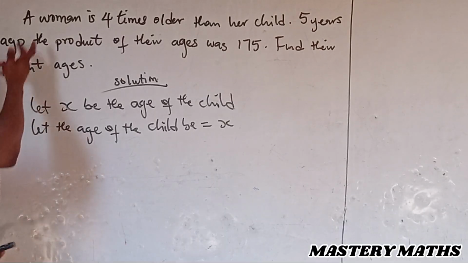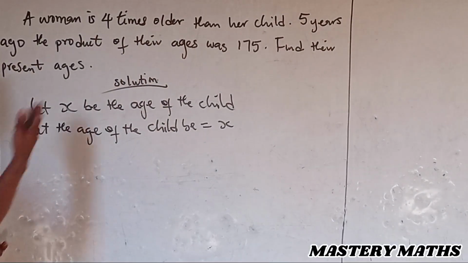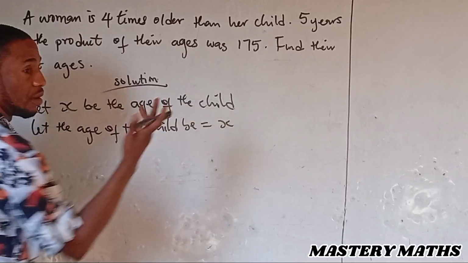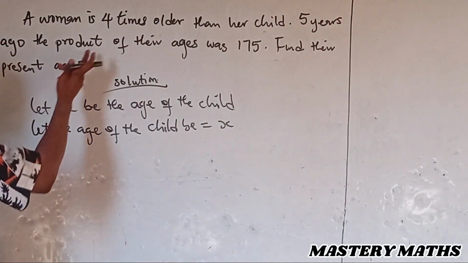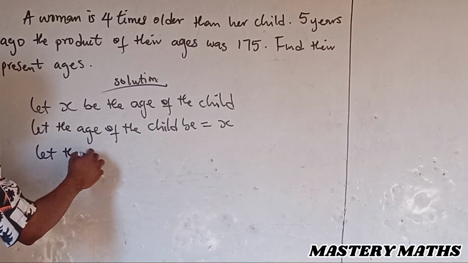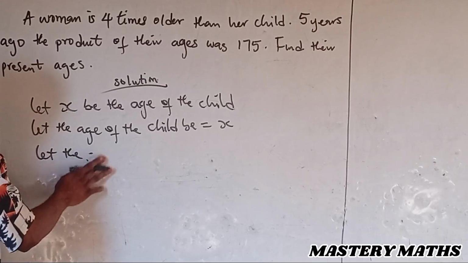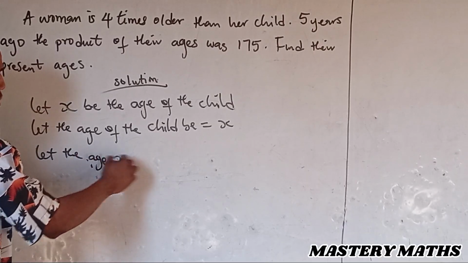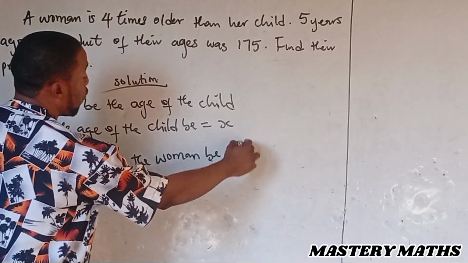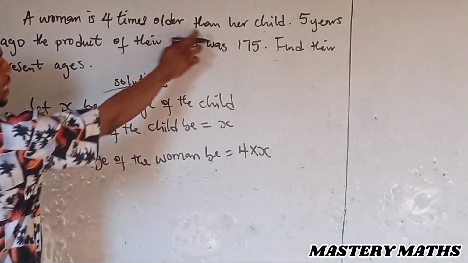And now they said the woman is 4 times older than her child. Remember, the child's age is X, which is unknown. So since the woman is 4 times older than her child, we say, let the age of the woman be 4 times X, because they say she is 4 times older than her child.